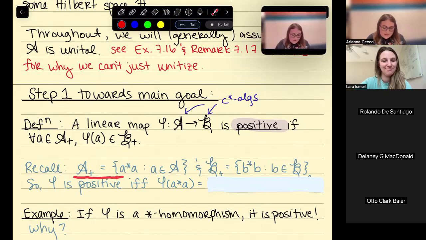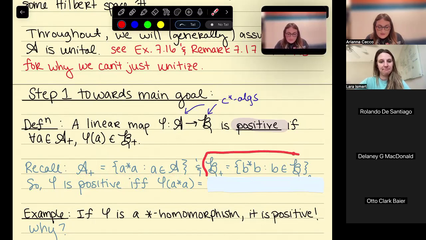Recall, we know that the positive elements of A are all of the form A star A for any A in A, and the positive elements of B are all of the form B star B.